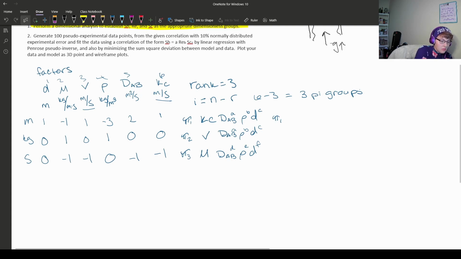When we look at pi group 1, Kc has the units of meters per second. The diffusion coefficient has meters squared per second. Density is kilograms per meter cubed. And the diameter is meters.